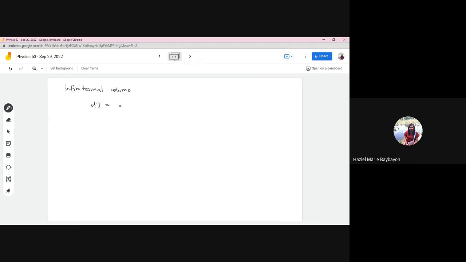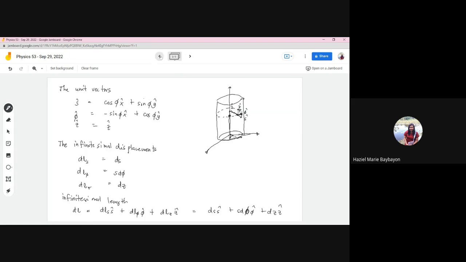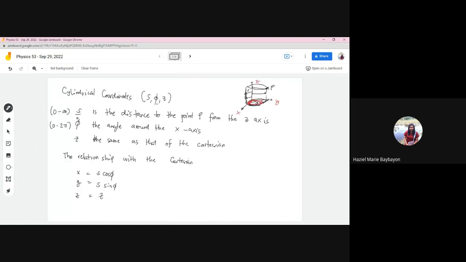So you have s ds d phi dz. By the way, class, your z stands from negative infinity to positive infinity.